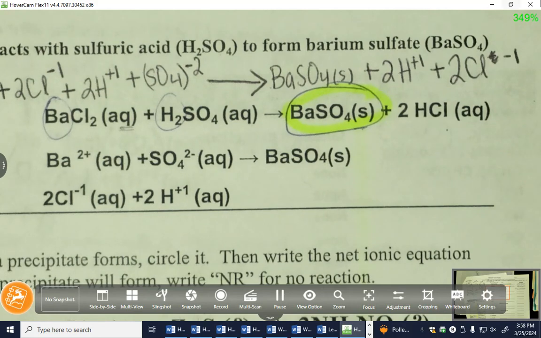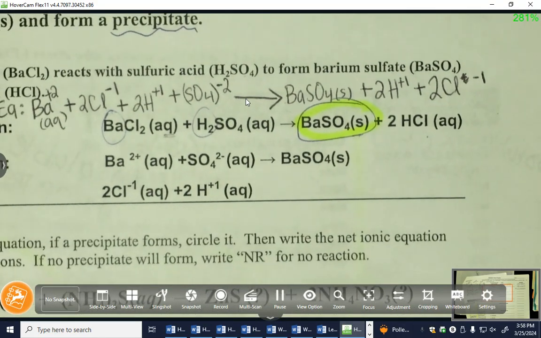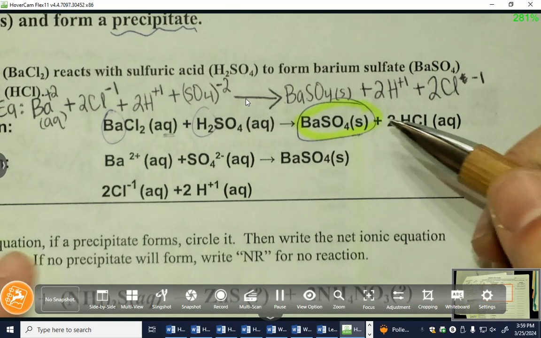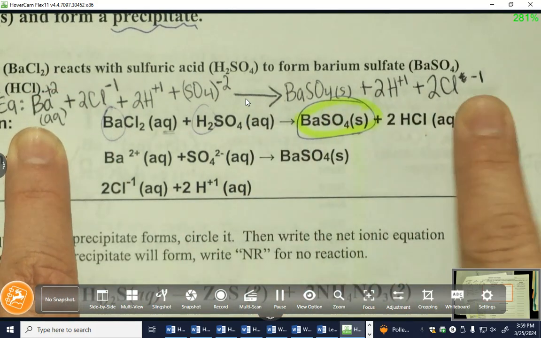Now, what you do with a complete ionic equation, in order to make your net ionic equation, is you cross out whoever shows up on both sides. Because what that means is that they weren't part of the actual event, which was creating a precipitate, right? So, Ba with a +2. Is there another Ba with a +2 over here?